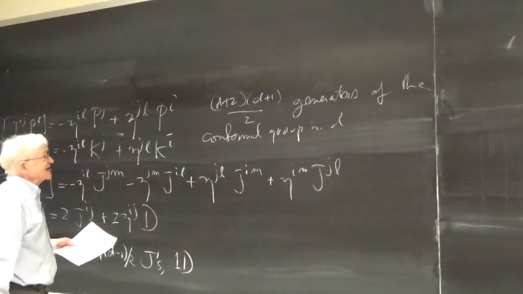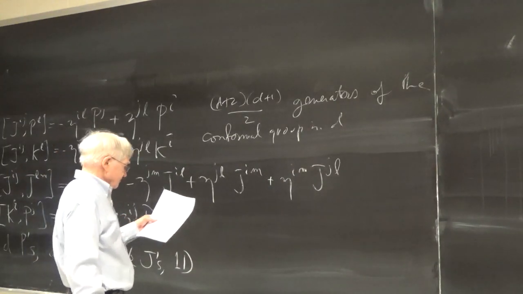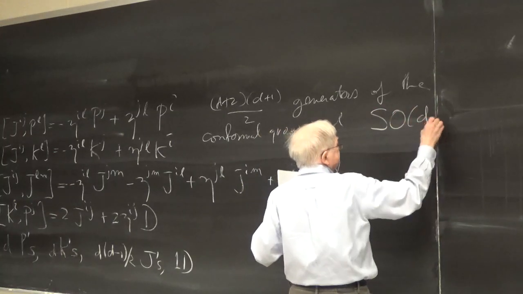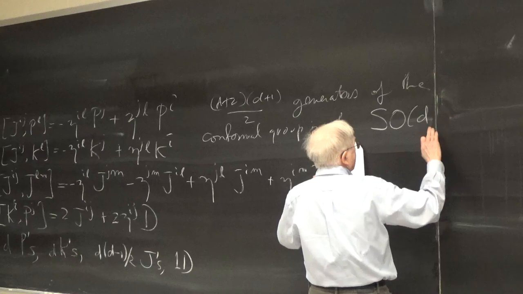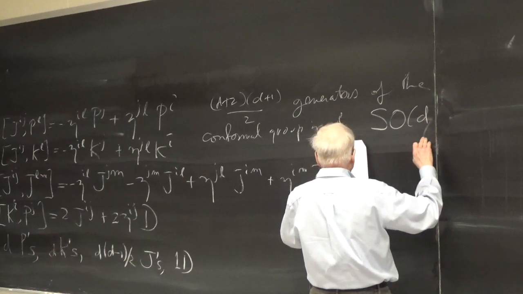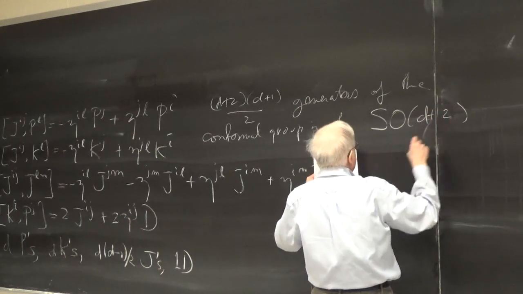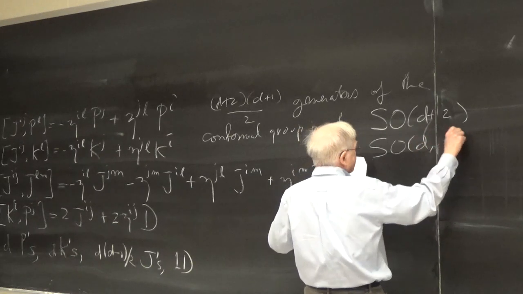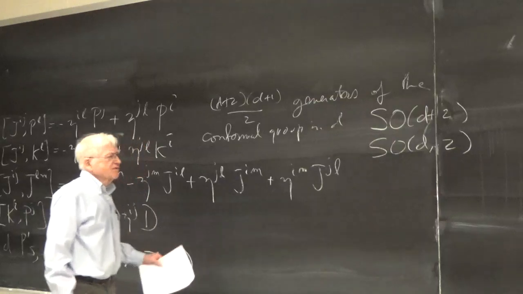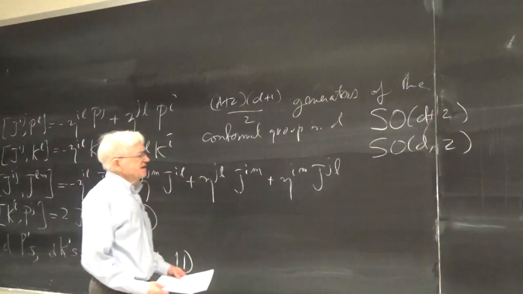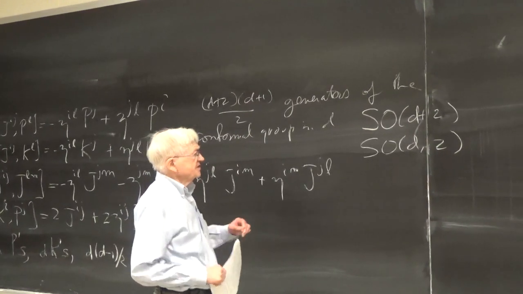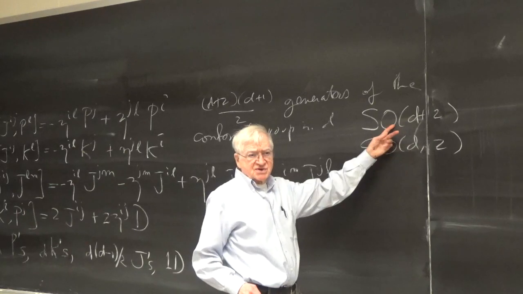And that's the same number as the group SO(d+2), and also SO(d,2). And so in other words, if you're in a space-time where everything is Euclidean, then it's just SO(d+2).